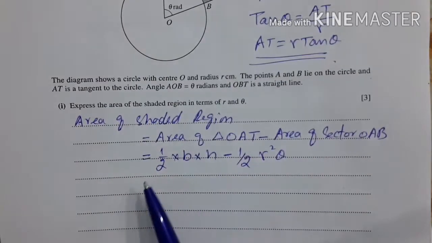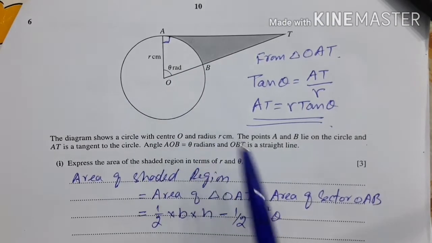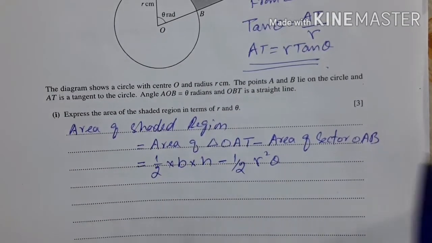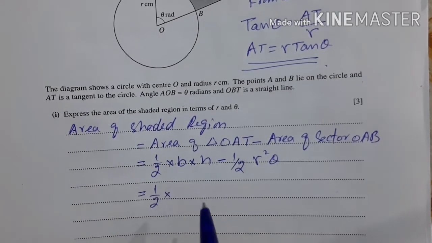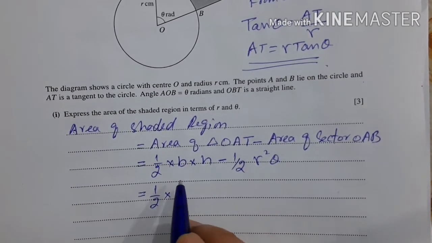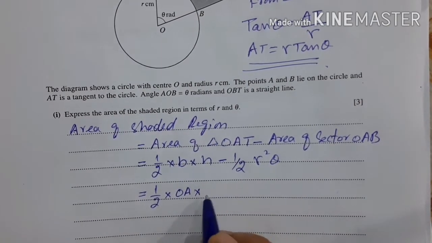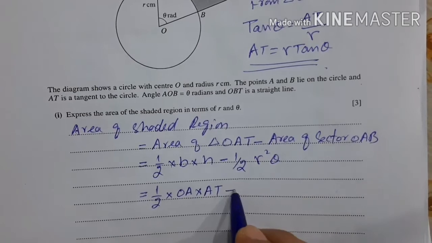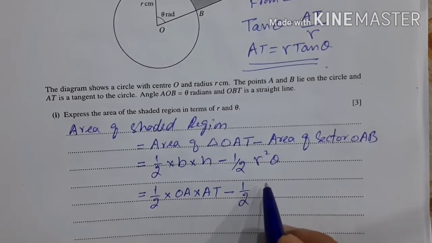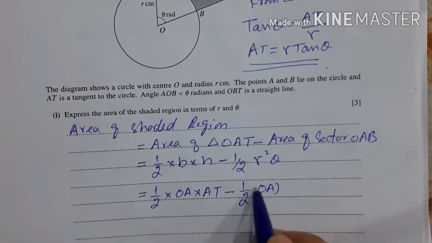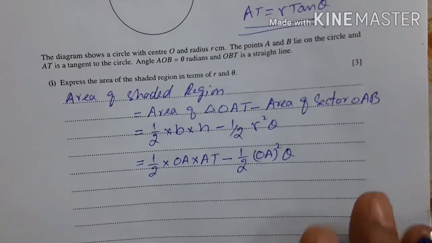I'll use the formula 1 by 2 into base into height, minus the area of the sector, whose formula is 1 by 2 r square theta. I can suppose base is OA and height is AT from the figure, and for the sector, the radius is OA, so 1 by 2 OA square theta.